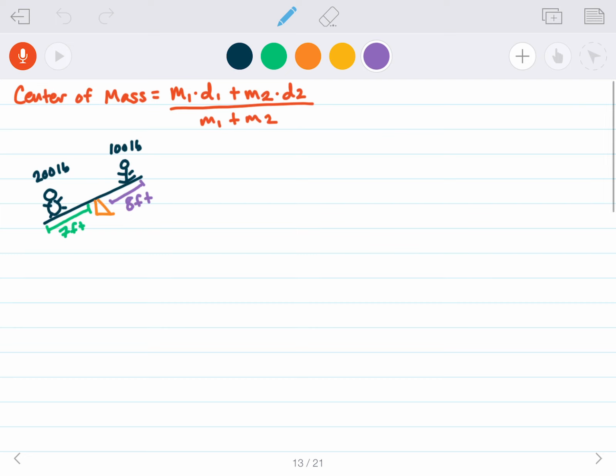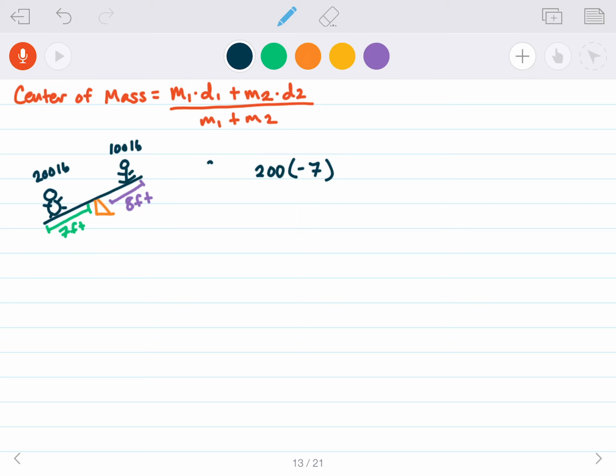So let's actually calculate where the center of mass is. So m1 times d1, the mass of the first is 200 times the displacement, which we said was -7.